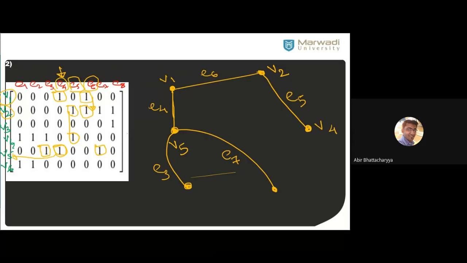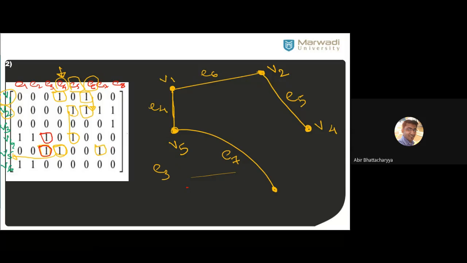E3 from V5. From V5, E3 is there. Look at this. What is the other end? V4. So V4 is the other end, but I have drawn here. So this is wrong. This point should be joined with V4.